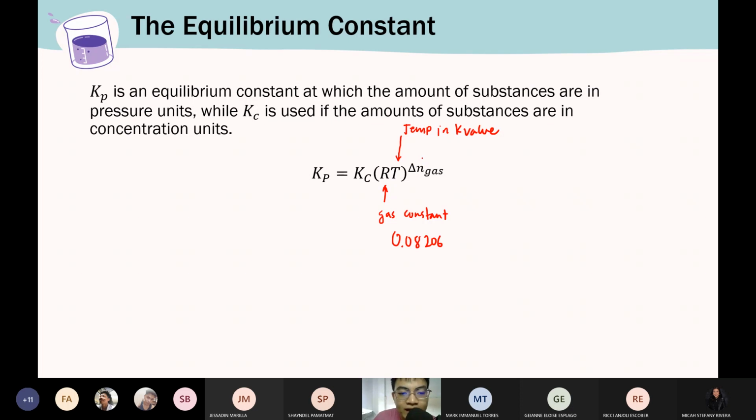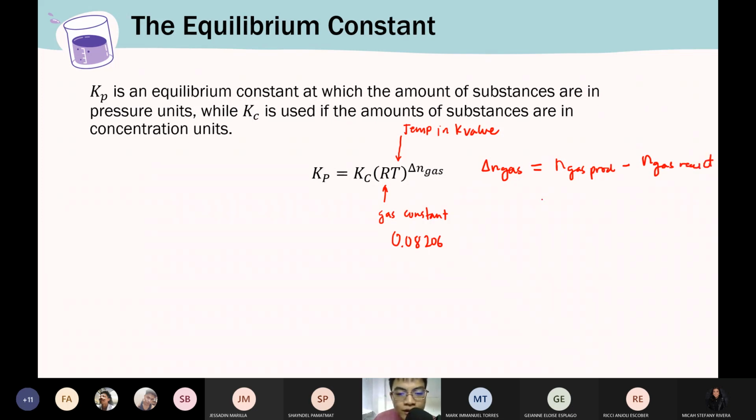How about this one, the delta N gas? Okay? So, the delta N gas is actually the mole of gas in the product minus the mole of gas in the reactant. No?